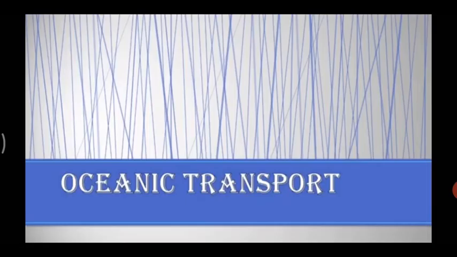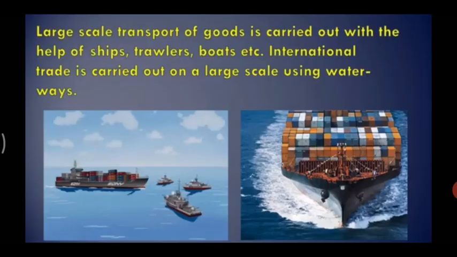Now the next topic is oceanic transport. Oceans have provided us the most economic option of transportation, the cheapest mode of transportation. Large scale transport of goods is carried out with the help of ships, trawlers, boats, etc. International trade, that means foreign trade, is also carried out on a large scale using waterways.